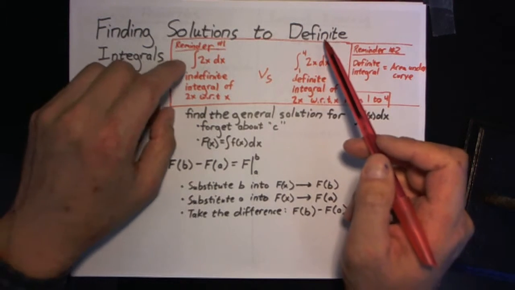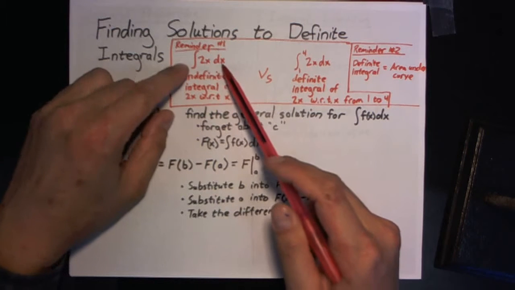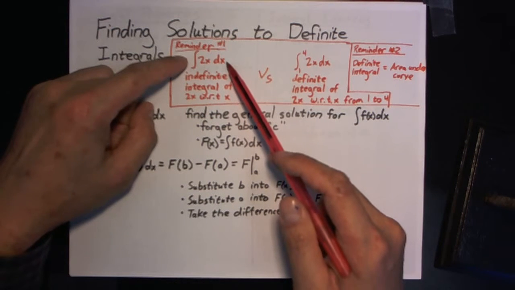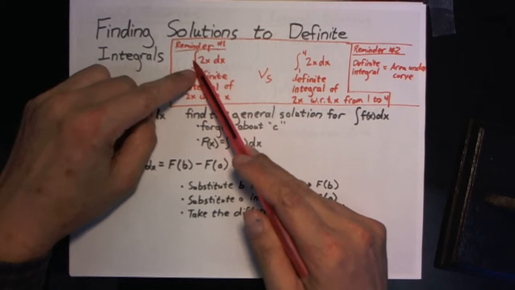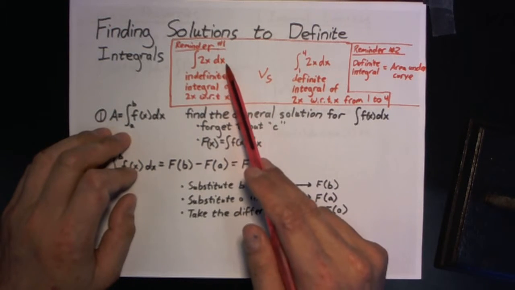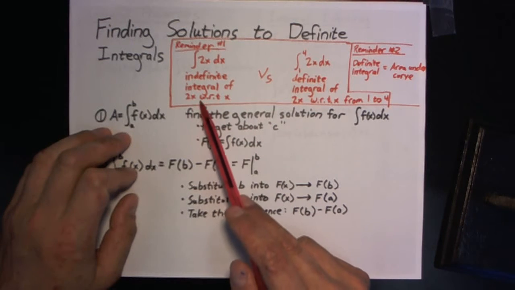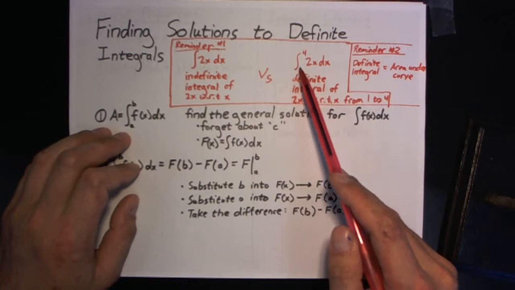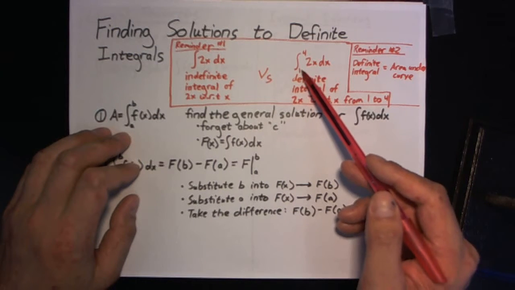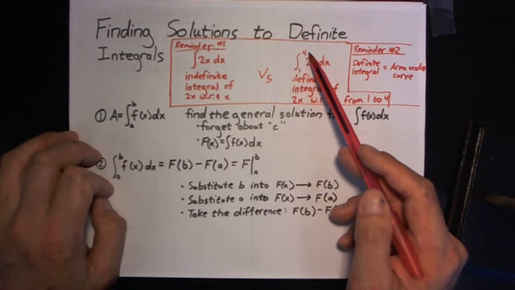Now, first of all, what's the notation difference between definite and indefinite integrals? Well, this is an indefinite integral. If you write this with the squiggly thing here, of 2x dx, this is pronounced the indefinite integral of 2x with respect to x. By comparison, if you put a number on the bottom and a number on the top, this becomes a definite integral.